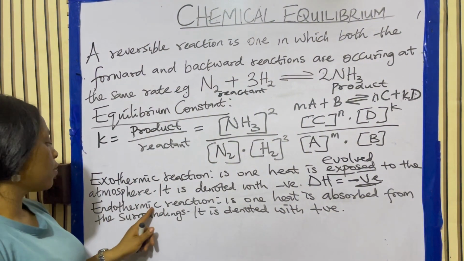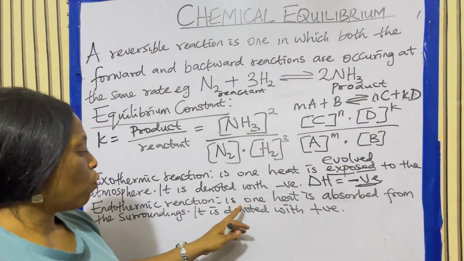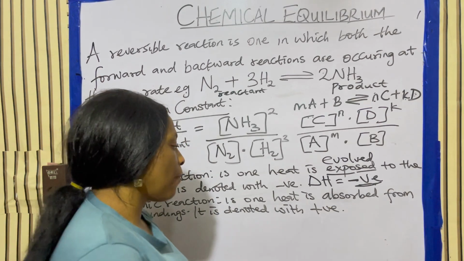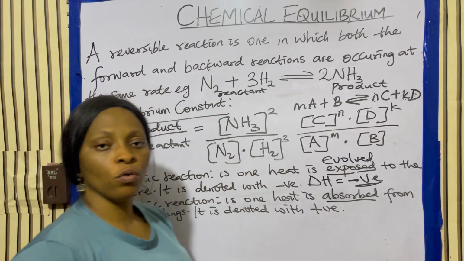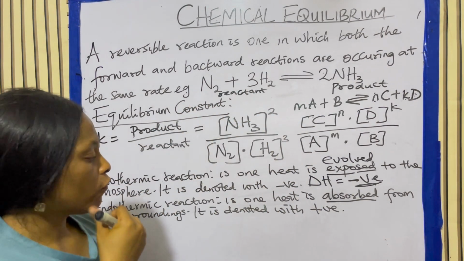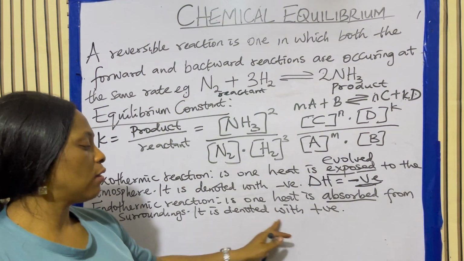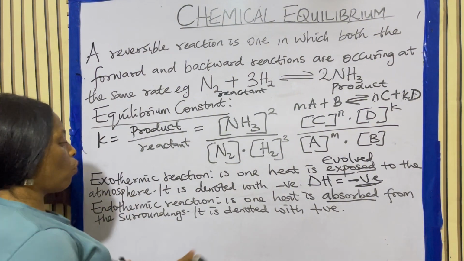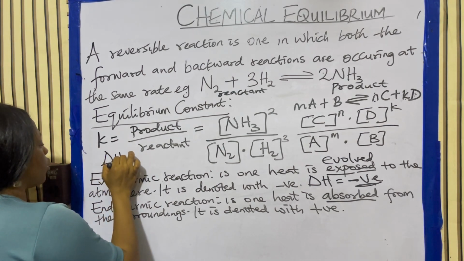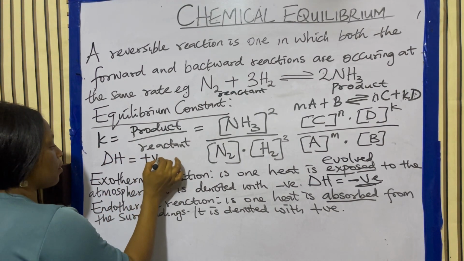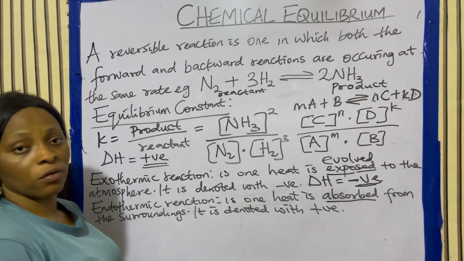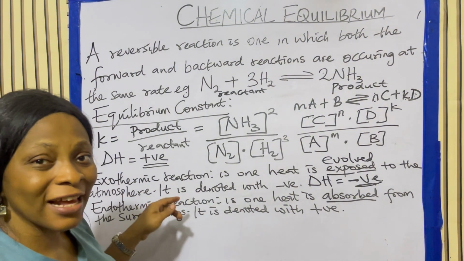Then endothermic reaction is one in which heat is absorbed. Endo, heat is absorbed from the surroundings or from the atmosphere. It is denoted with positive. So when you see enthalpy change is equal to positive, that tells you that the reaction is what?